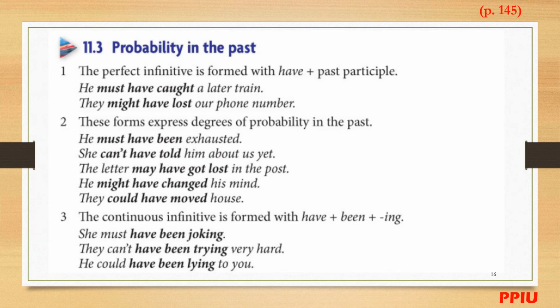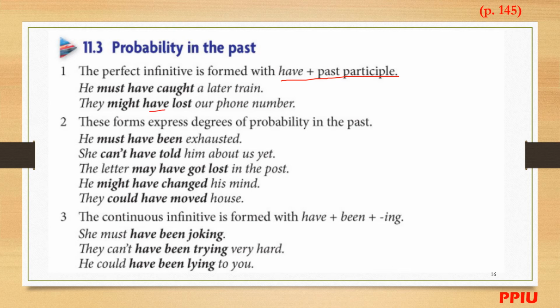Probability in the past. The perfect infinitive is formed with have plus past participle. He must have caught a train later. They might have lost our phone number. Modal verb plus have plus past participle.